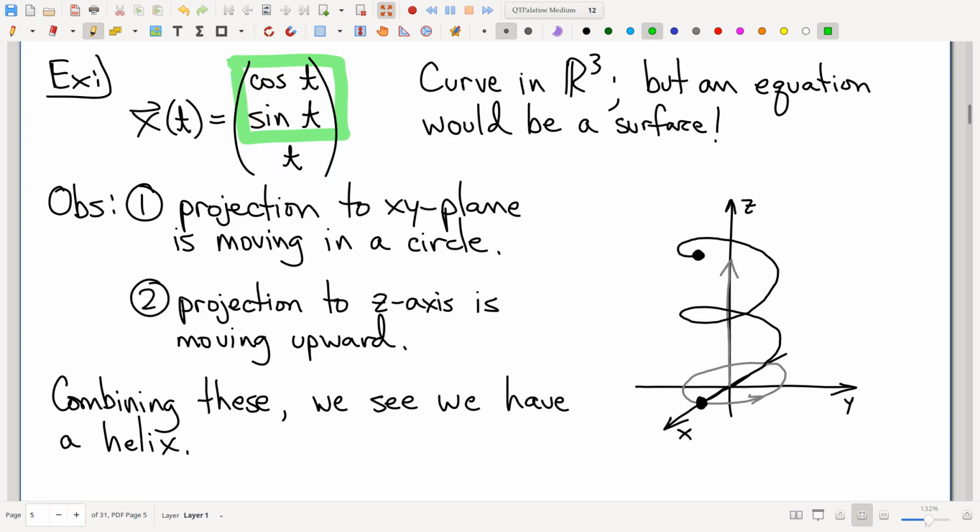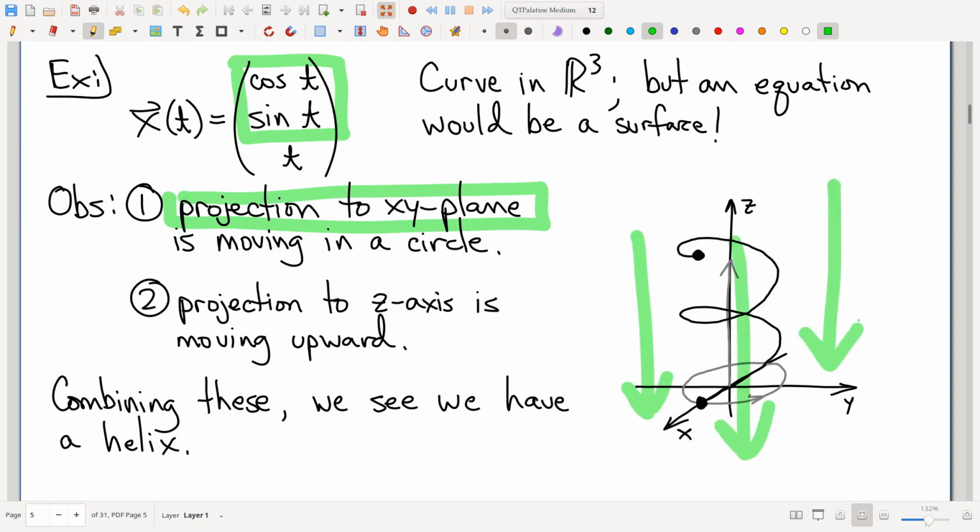That's a circle. Now, that's only the x and y coordinates. That's not my curve, right? But since it's only my x and y coordinates, I understand how to get x and y coordinates, and that is from projection. If you have points in 3-dimensional space, projection to the xy plane, right? This vertical smushing is going to take a point with 3 coordinates, and it's going to return just x and y, namely 2 coordinates.